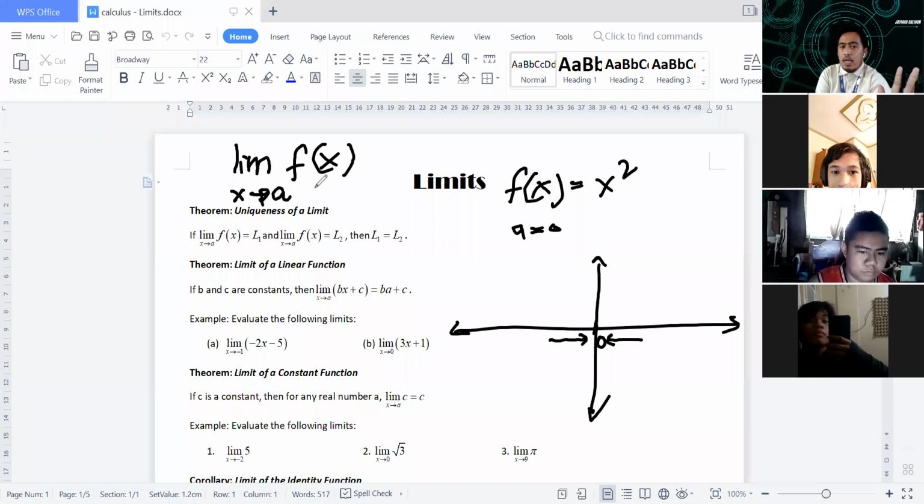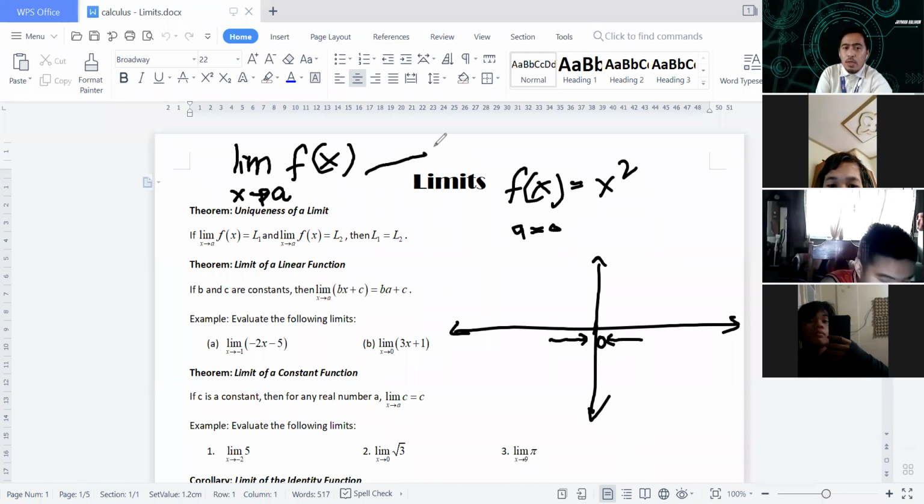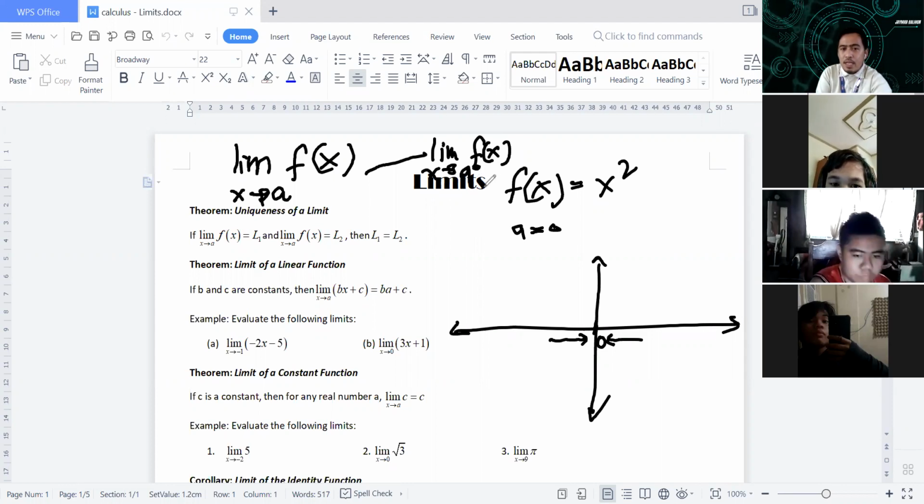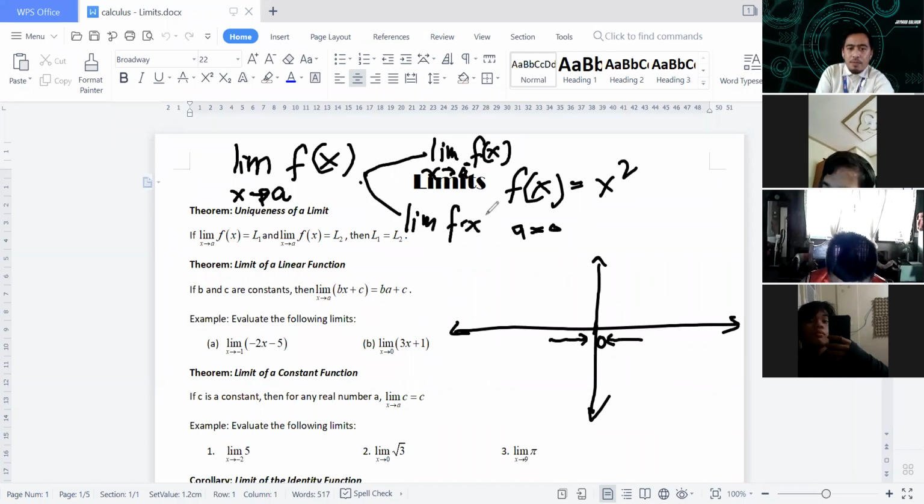If we say limit of f of x as x approaches a, there must be two. The first one is the limit of f of x as x approaches a from the left hand side, and the other one is the limit of f of x as x approaches a from the right hand side.